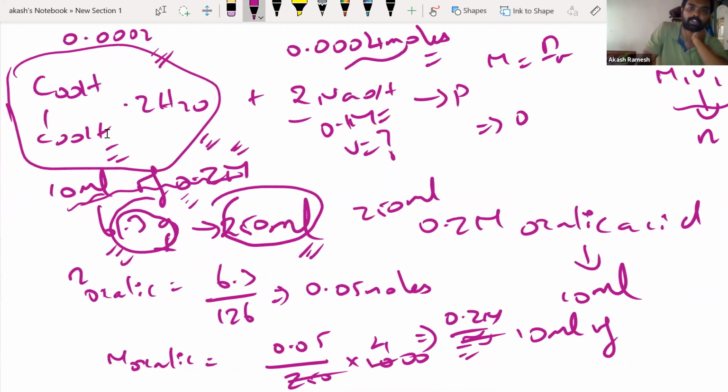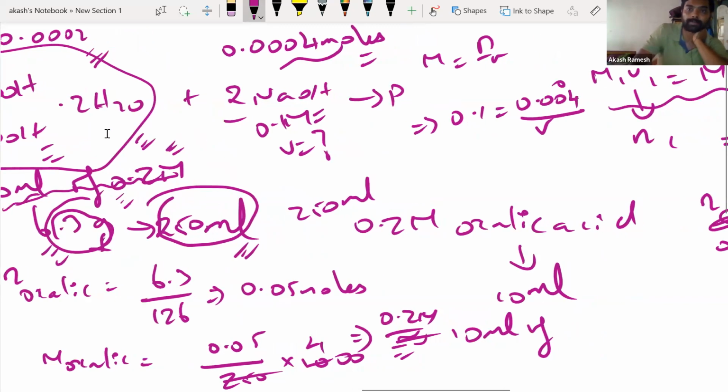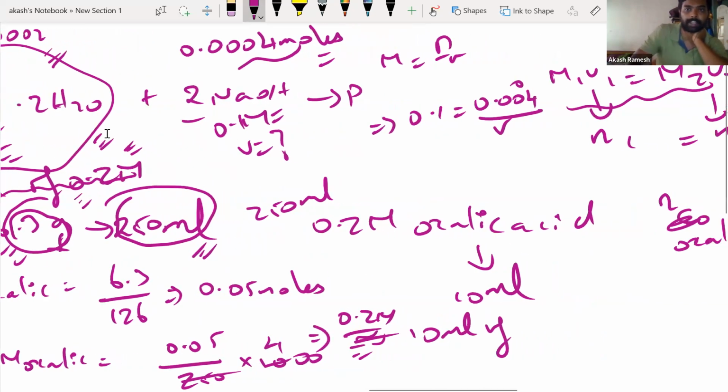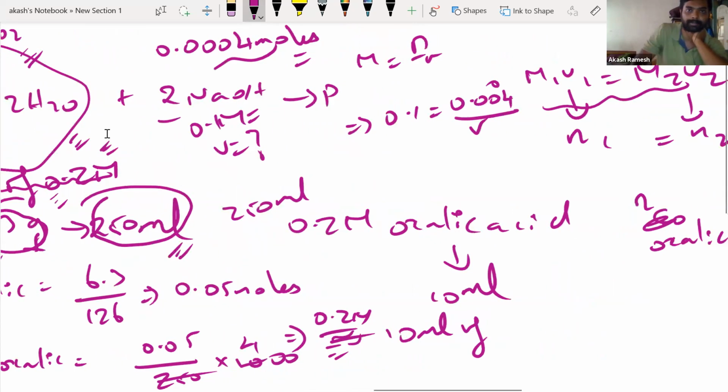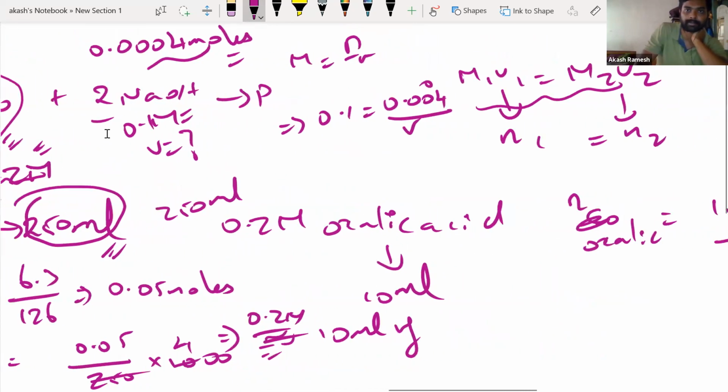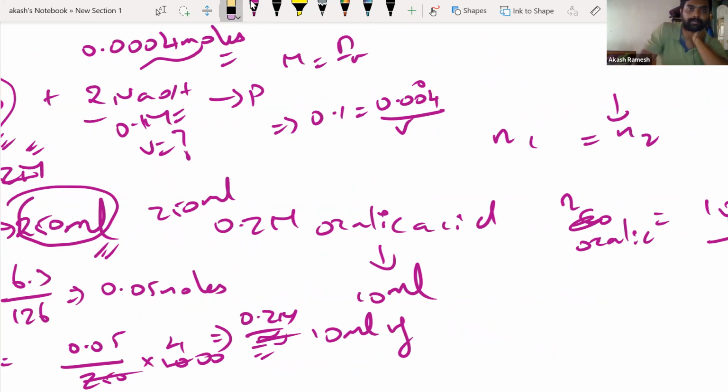So now molarity is 0.1, number of moles is 0.0004, divided by the volume, which we don't know, into 1000. Right? So volume will be how much?